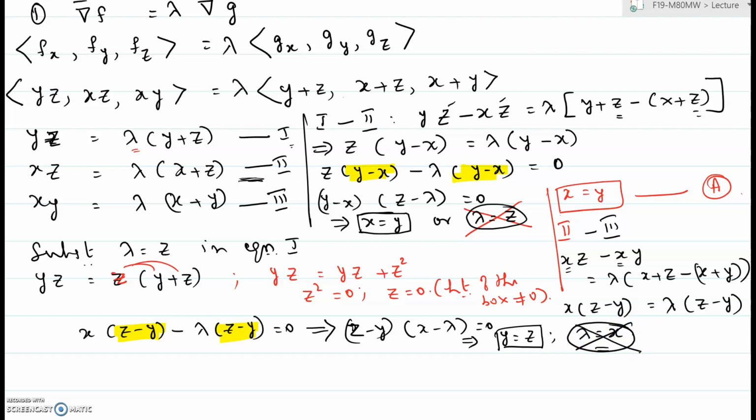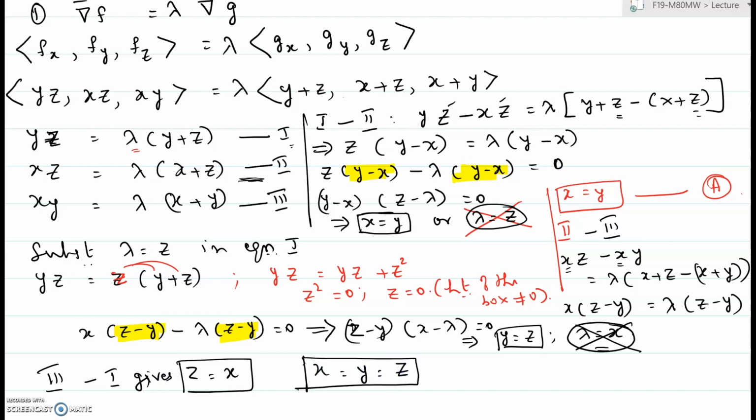So we are going to eliminate that possibility. And then by considering equation 3 minus equation 1, this would give us x equal to y equal to z condition. So x equal to y equal to z.